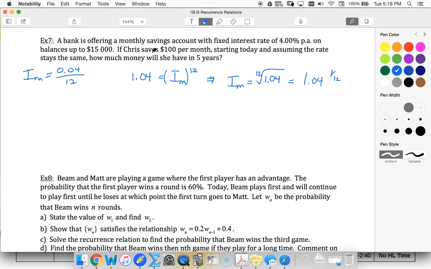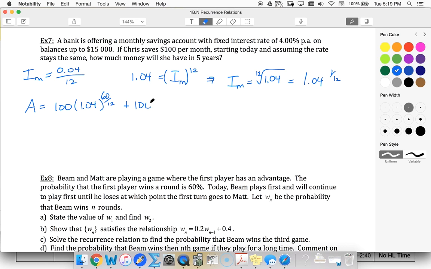So if we think about this, if we've put in $100 a month and we earn 4% interest per year, then at the end, if we're thinking about our total amount of money, that first payment of $100 would have received interest. If I go with the Oxford way, that would be 1/12, and I would have received the interest 60 times, once per month for 5 years.